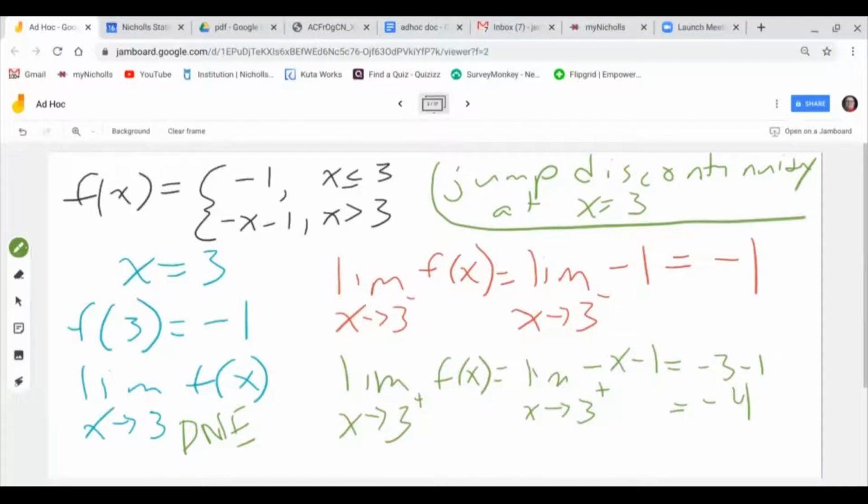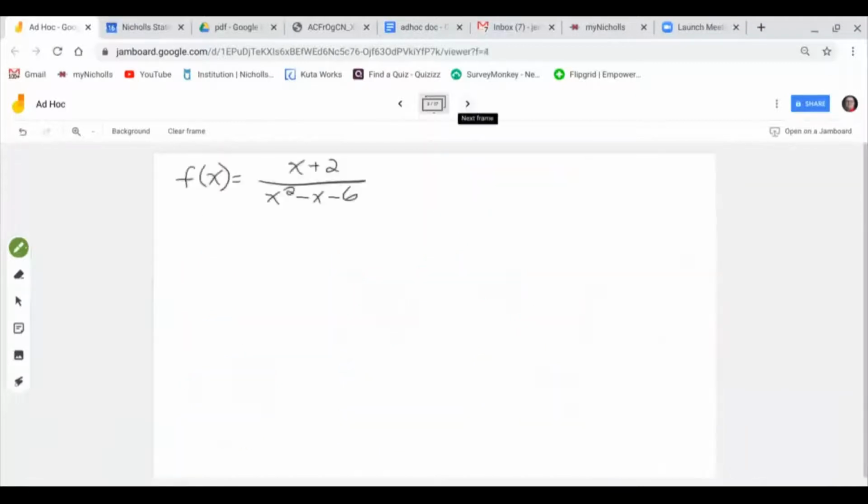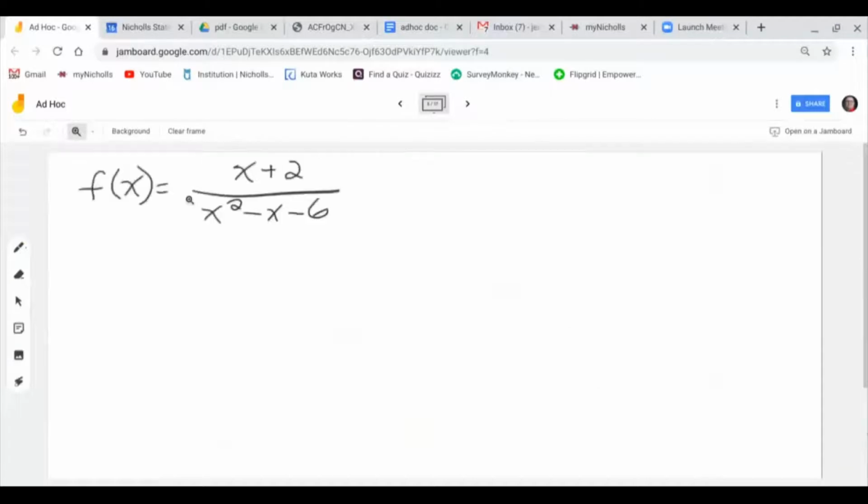And let's look at one more. Here we have f of x is equal to x plus 2 divided by x squared minus x minus 6. Well, initially I look at this and I go, oh, we got domain issues possibly, right? And so what I'm going to try to do is factor this denominator right off the bat. I just want to see what can make that 0, and it's going to be useful down the road probably.